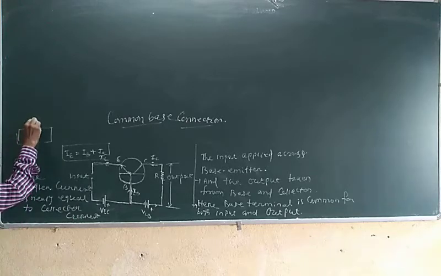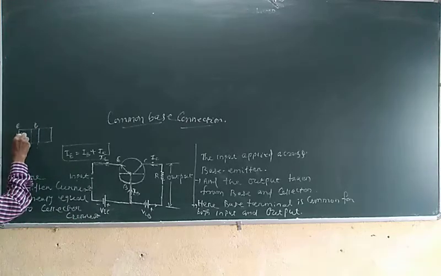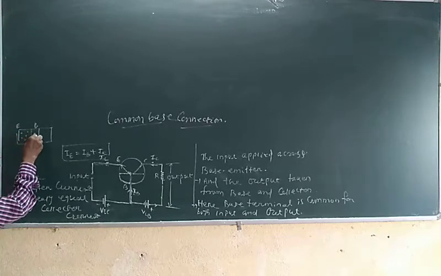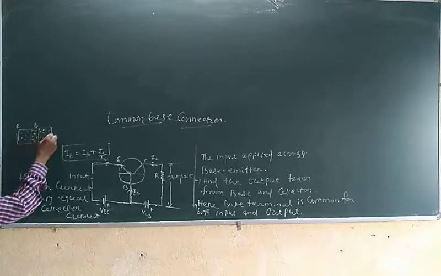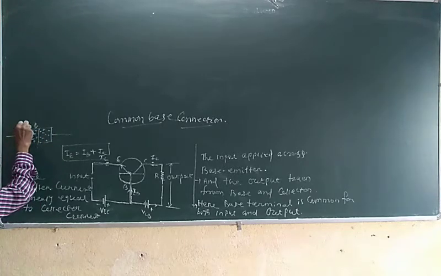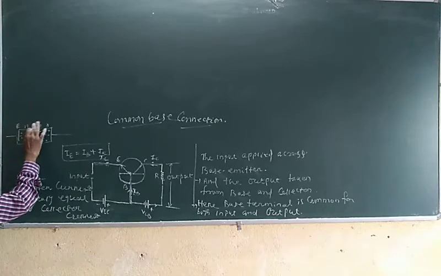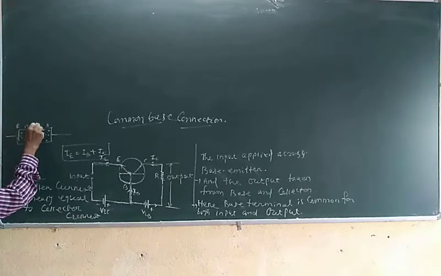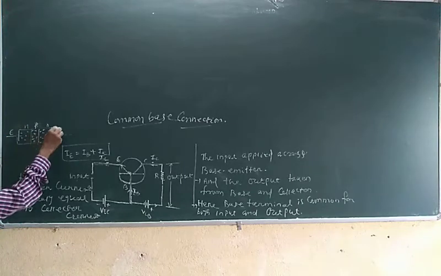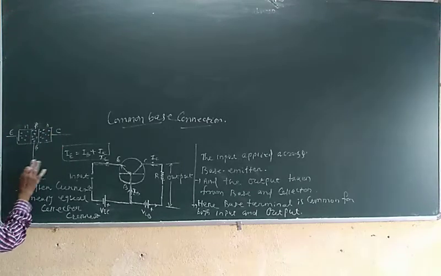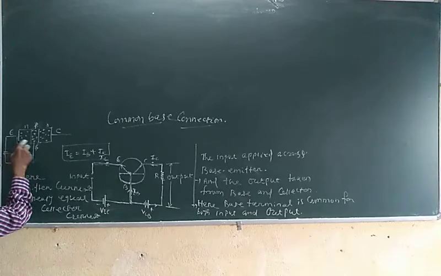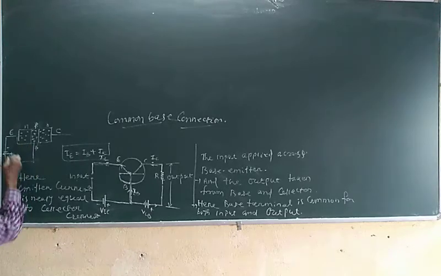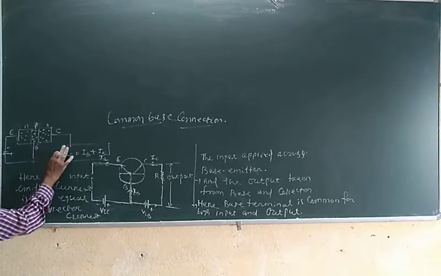Here this is the base, this is the emitter, and this is the collector. Suppose an NPN transistor: this is the emitter terminal, this is the collector terminal, and this is the base terminal. Now, when we apply the signal or biasing, the base emitter junction is forward biased and the base collector junction is reverse biased.